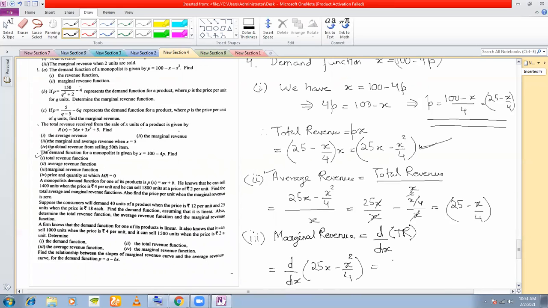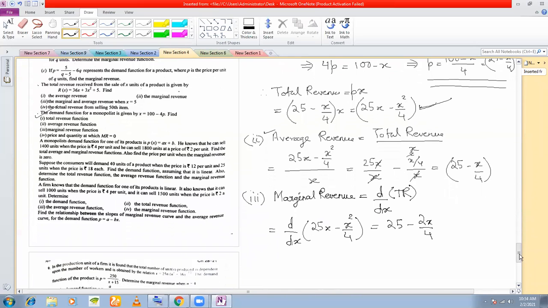So what will you get if you differentiate this? You'll get 25 minus 2X by 4. See whether you have understood differentiation. Differentiation is okay. So this cancels here, so you get 25 minus X by 2.